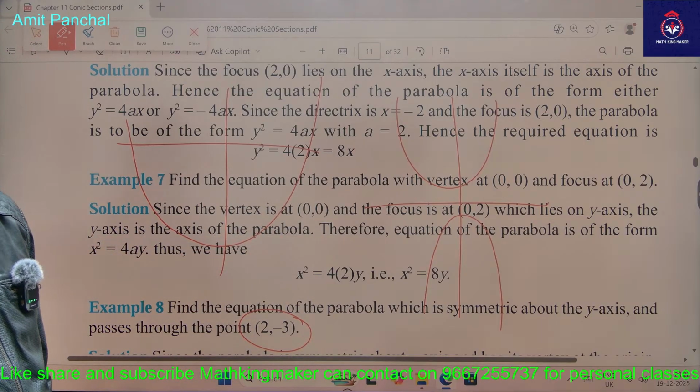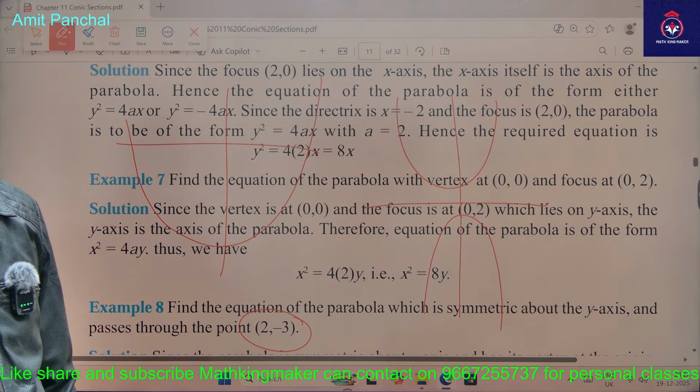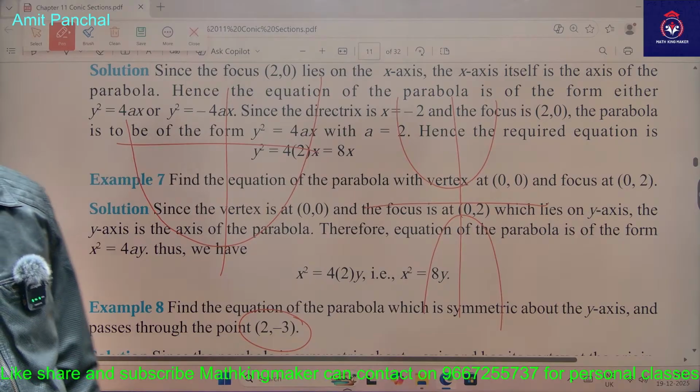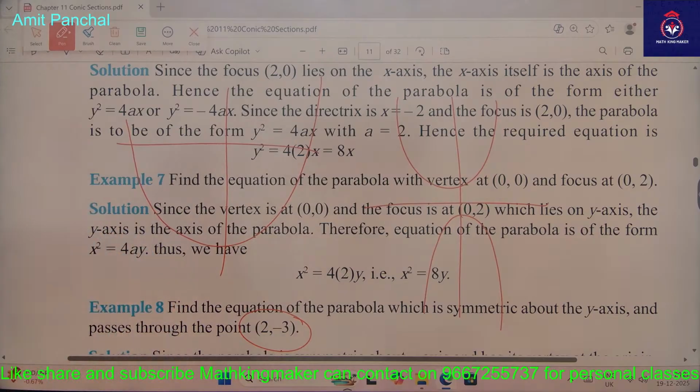It is also symmetrical about the y-axis, isn't it? Think about how it should be. First, the parabola is symmetrical about the y-axis, so its equation will start with x square only.